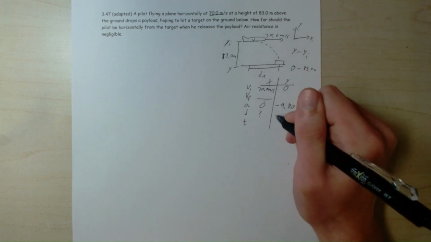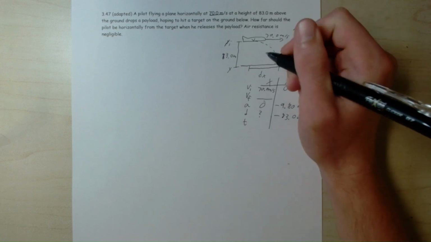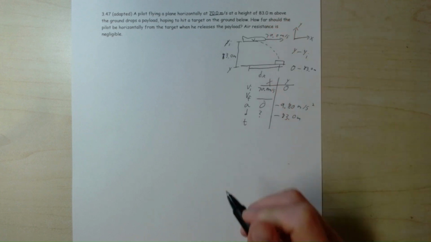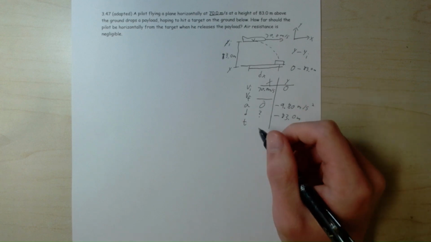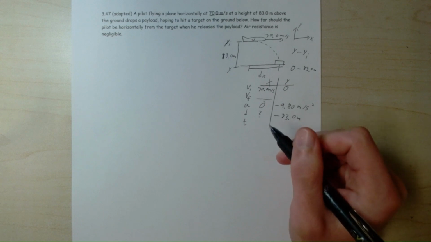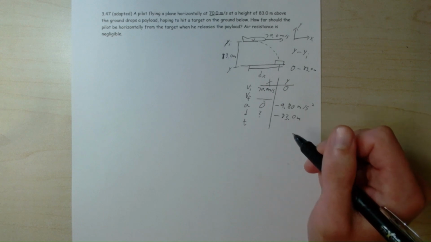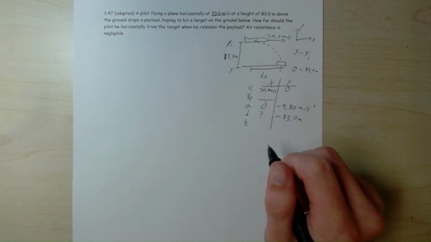So for our d direction, we have negative 83.0 meters because it's traveling in a negative y direction. And our time, well, we don't know what the time is yet, but we know that it has to be the same for both the x and the y components. So I'm just going to leave that blank for now.